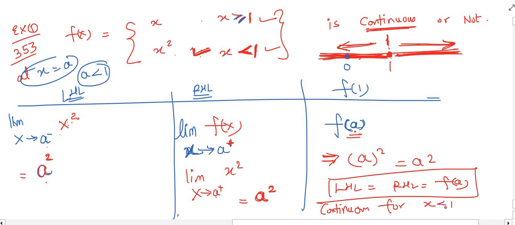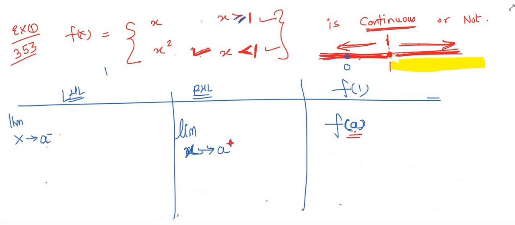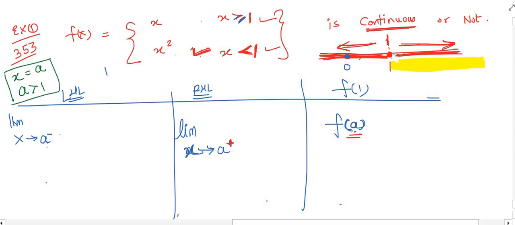Let's test what the function is doing when it is going above 1. So I am trying to check the function at x is equal to a, and what is a? A is more than 1. Because we need to know what the function is doing beyond 1. So this is LHL, where x is tending to a minus, RHL, where x is tending to a plus, and f of a.